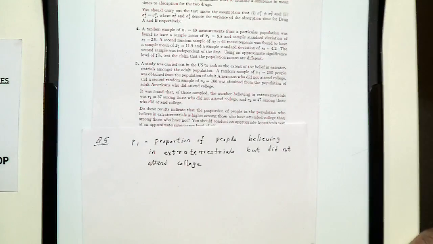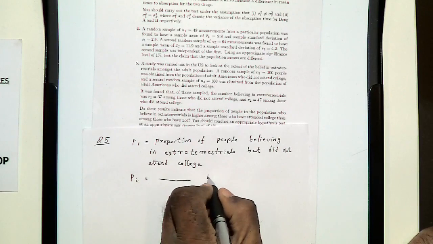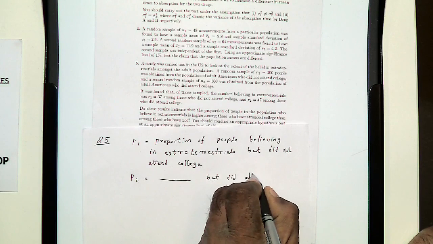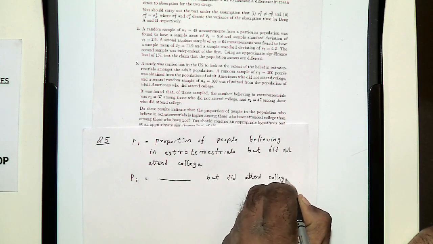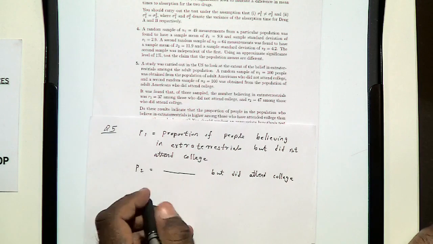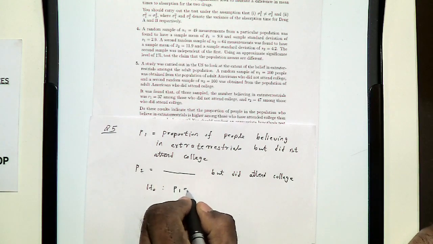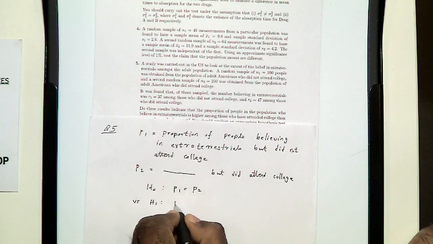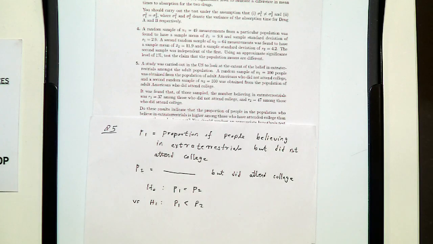And let P2 denote the same thing for those who did attend college. Okay, so under this definition, the hypothesis that we want to test is P1 equal to P2 versus P1 less than P2, right?